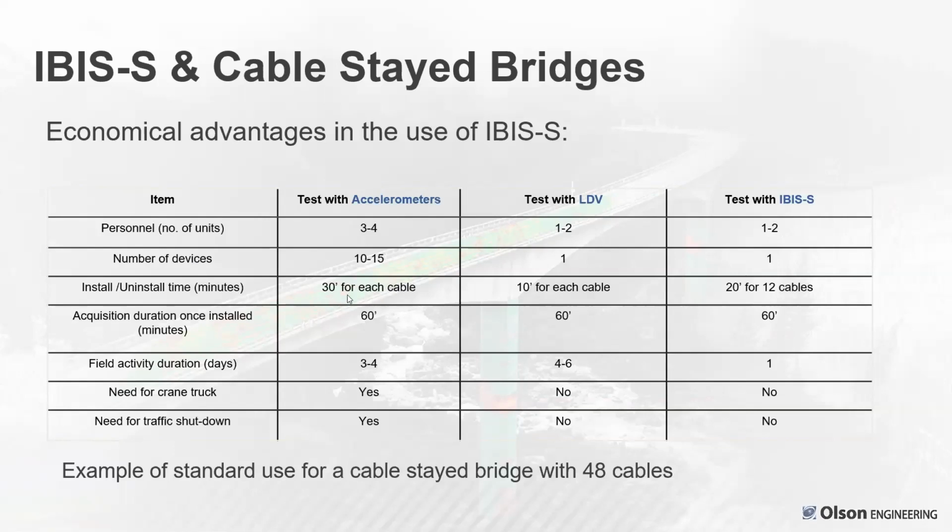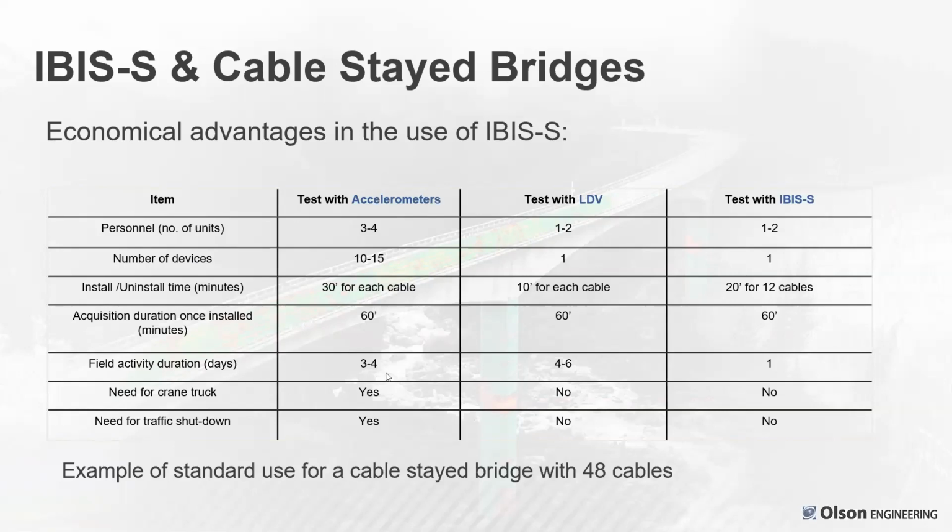Install time, that may take you 30 minutes to install each accelerometer on each cable, where with IBIS, again, you can set it up in 10 to 20 minutes and see that whole array of cables all at once. So the acquisition duration is about the same.